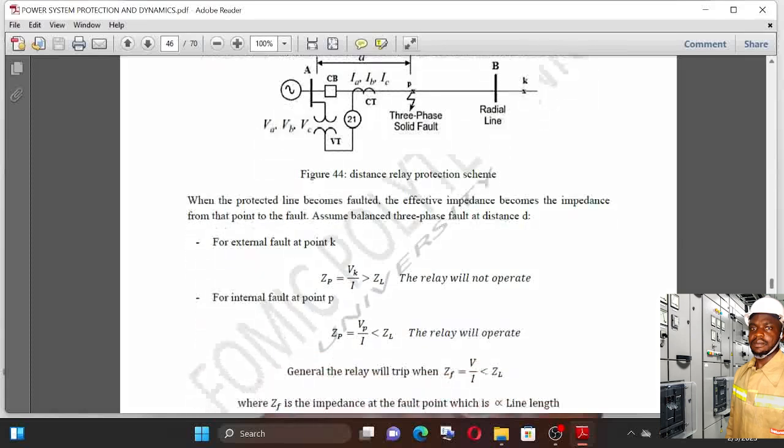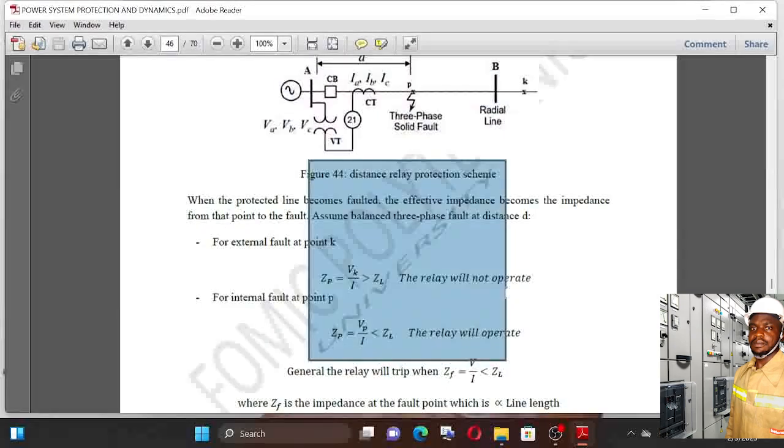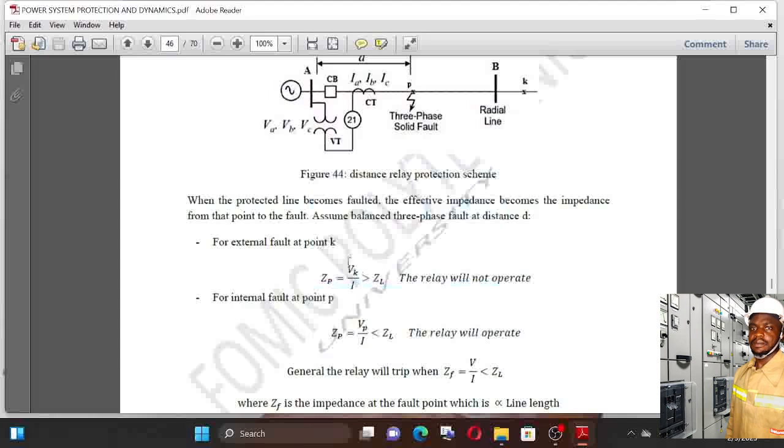Normally, for the external fault at point K, the relay will not operate, because the relay will measure the impedance and see that it is greater than the impedance of the line, because the longer the line, the longer the impedance, since the normal impedance of the line has been set at the level of the relay.